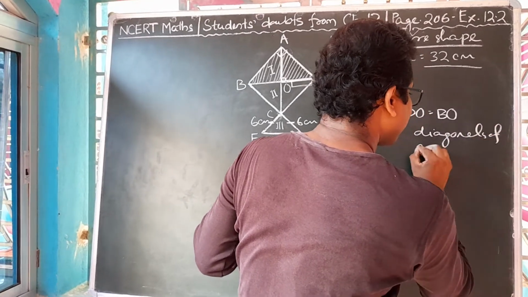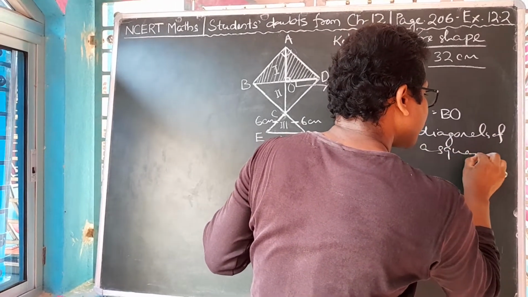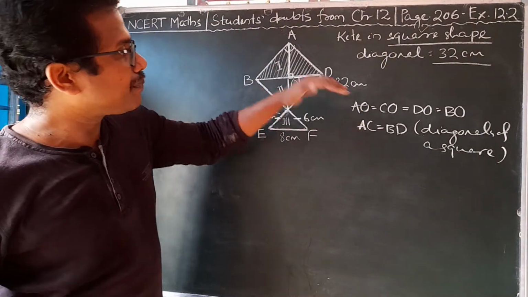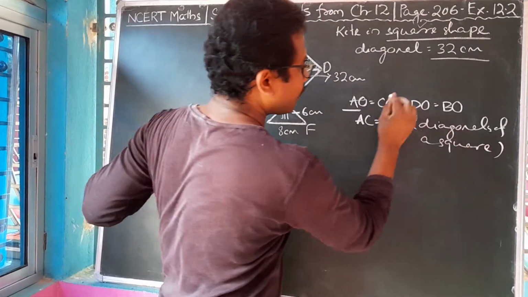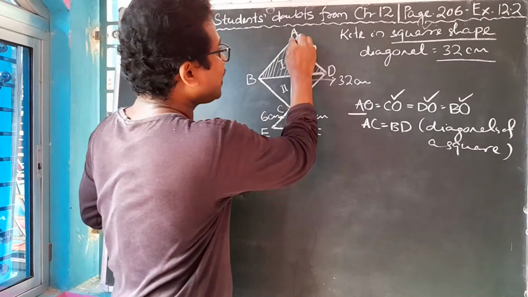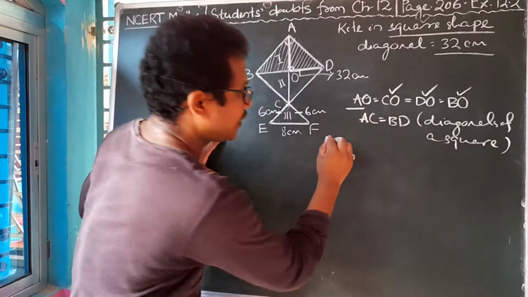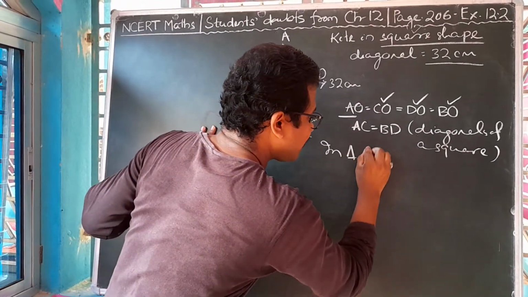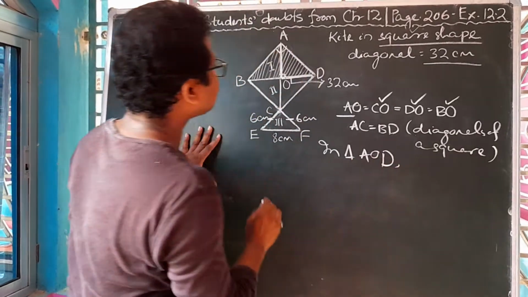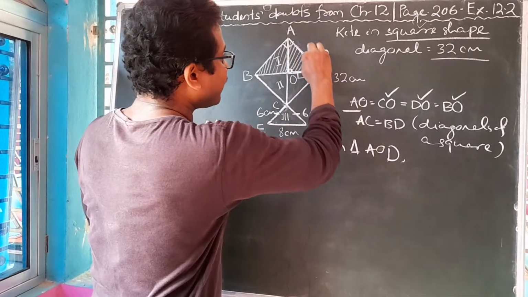And since the diagonals of a square bisect each other, AO equals CO equals DO equals BO. And now you come to the triangle AOD. In triangle AOD, how to find out AD?